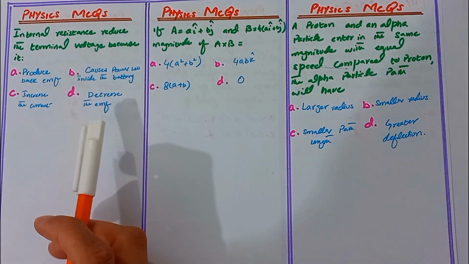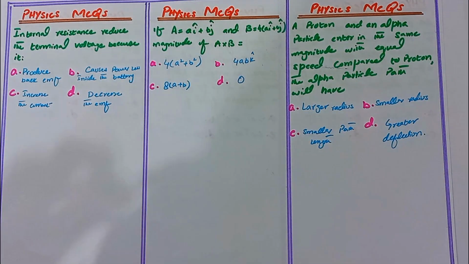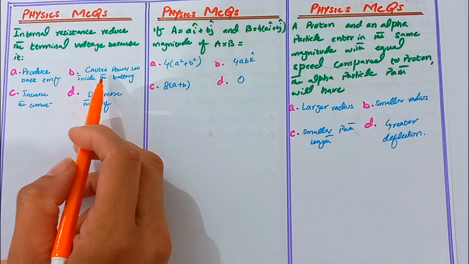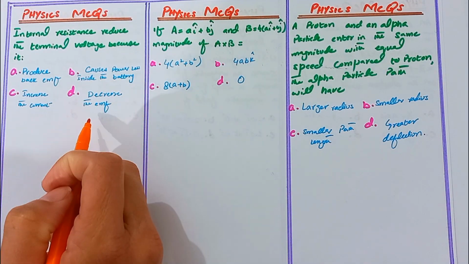The first numerical we discuss is that internal resistance reduces the terminal voltage because it produces back EMF and causes power loss inside the battery, increases the current, and decreases the EMF.